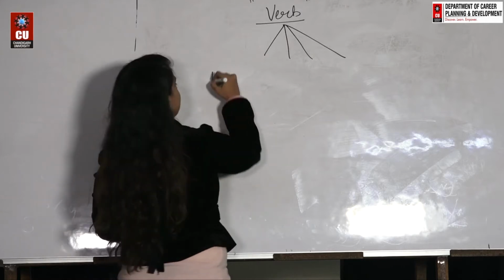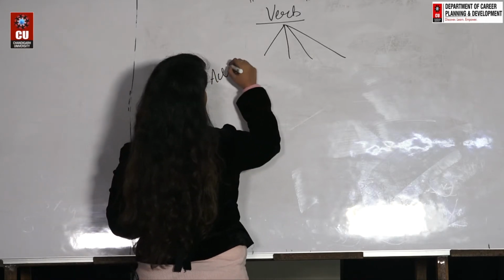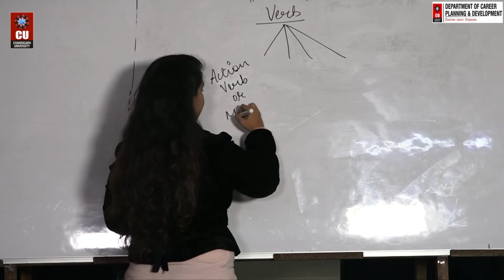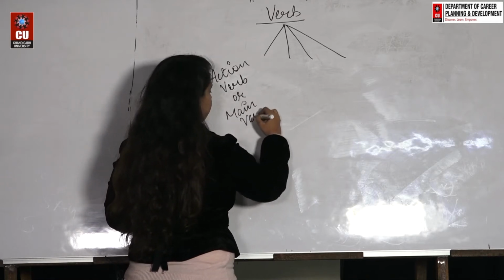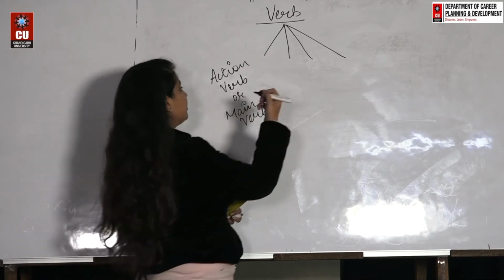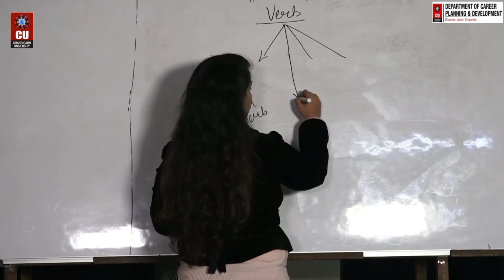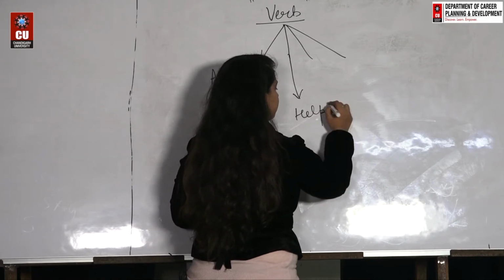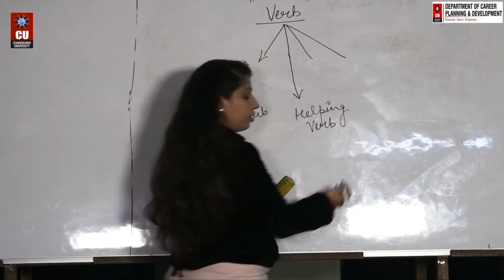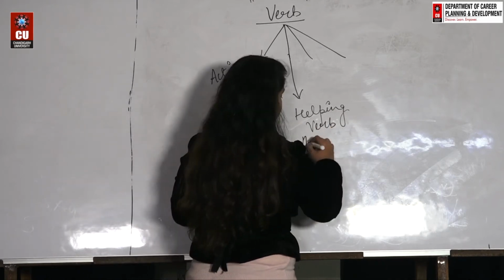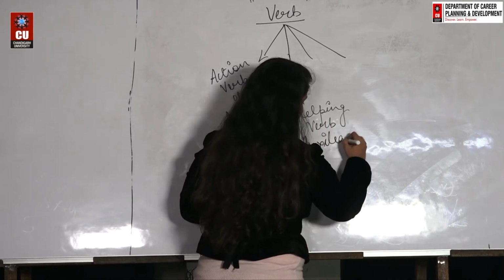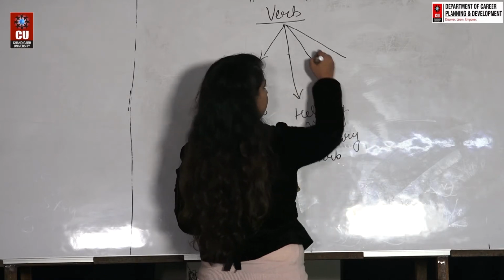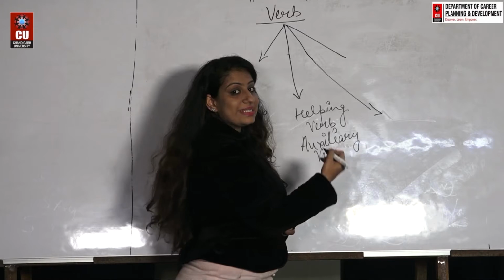So the first type is action verb, or we call them main verb. Okay. So the second type is helping verb, or we call them auxiliary verbs. So our third type is linking verbs.